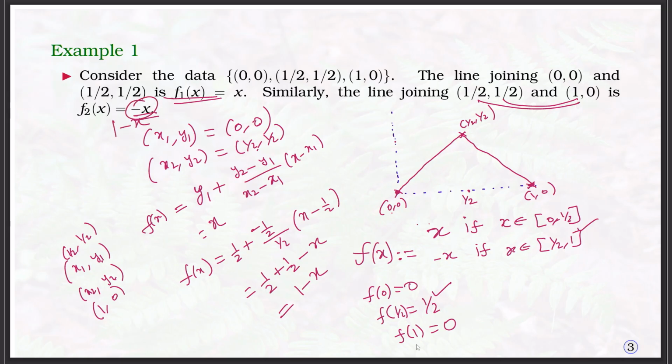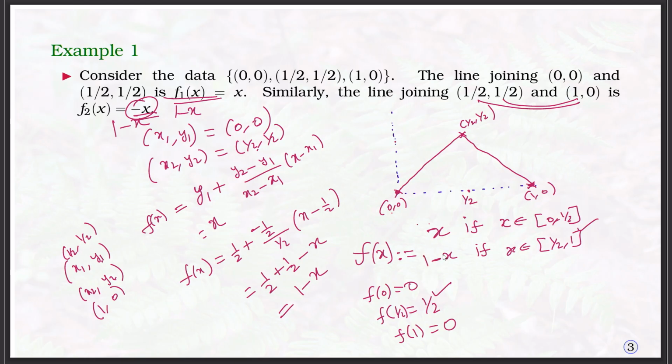So, if you are substituting, this is a typo, here it is not minus x, this must be 1 minus x. So, if you are taking the 2 points 1 by 2 comma 1 by 2 and 1 comma 0, one can get the value as 1 minus x.